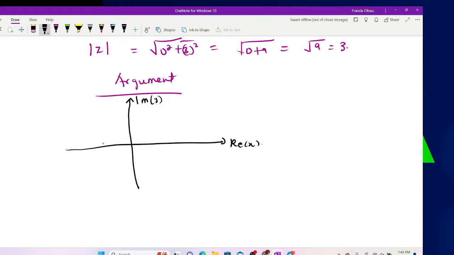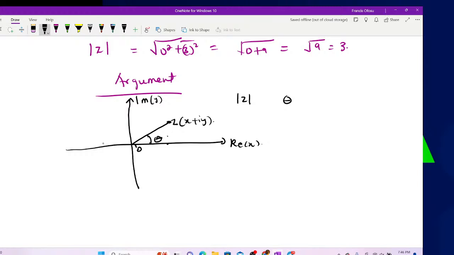If I represent any arbitrary complex number as z having x plus iy, z will have a distance from the origin O, which is what we call the modulus of z, right? You realize that this z is making an angle theta with the positive x-axis. So in the Argand diagram, a complex number is fully defined by its distance from the origin as well as the angle it makes with the positive x-axis.